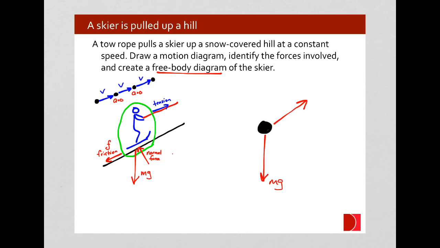We have a tension, which we write as a capital T. We have a normal force that pushes directly out of the surface, and we have a force of friction. In this case, if we're moving at a constant rate up the hill, there'd be a force of kinetic friction. And so we identified 4 forces acting on our object, and we have 4 forces in our free body diagram.